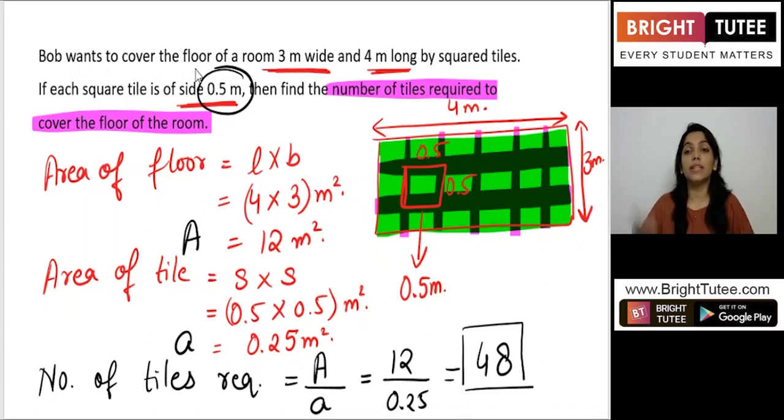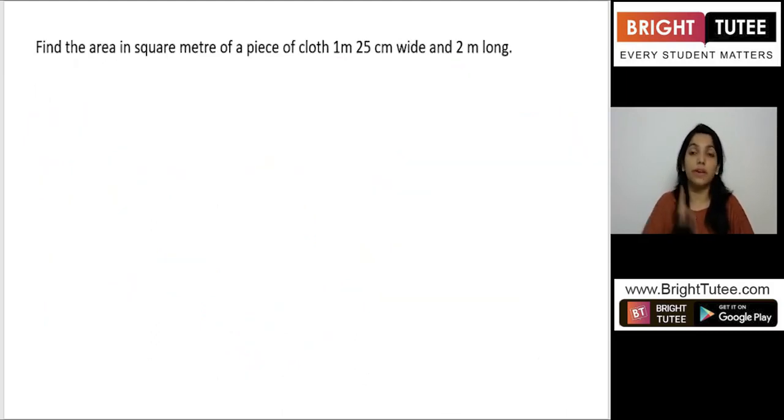Then in order to find the number of tiles required, we divide the complete floor by the size of each tile. Because both these numbers were in meters squared, meter squared is cancelled by meter squared and the answer comes out to be 48. And because this is the number of tiles, it has got no units. It's very important that when you're working with the lesson of mensuration, you are extra careful with the units because it might take half of your marks away if you go wrong.